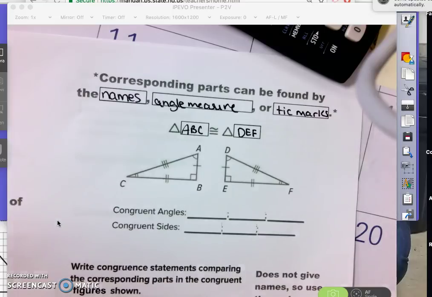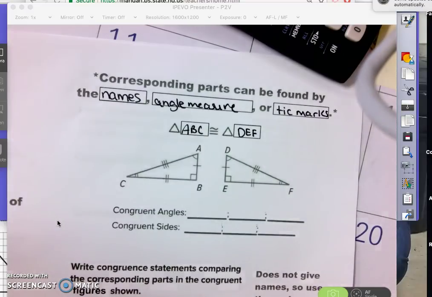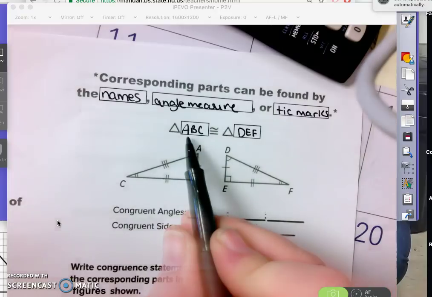Knowing that the angle measures are the same, if they give you that, or by tick marks. So if you see on here we have little tick marks. So let's first go here.